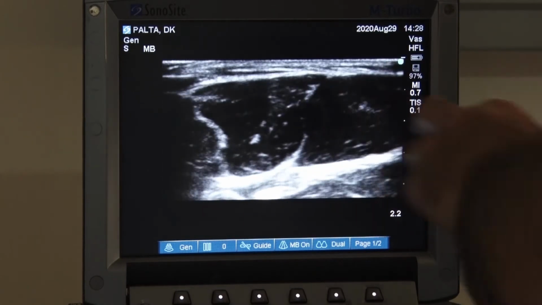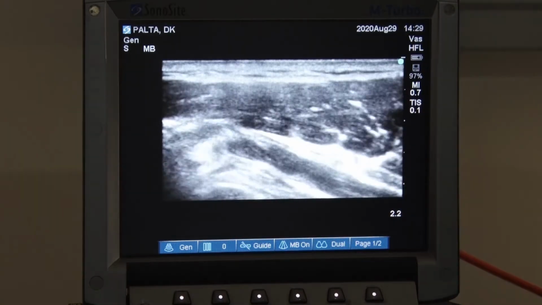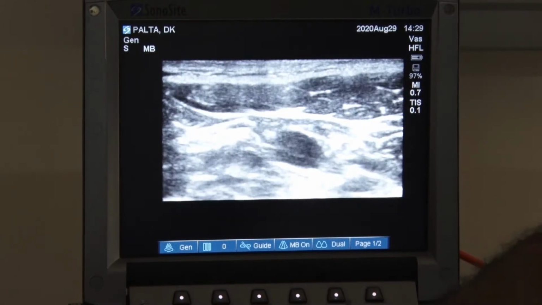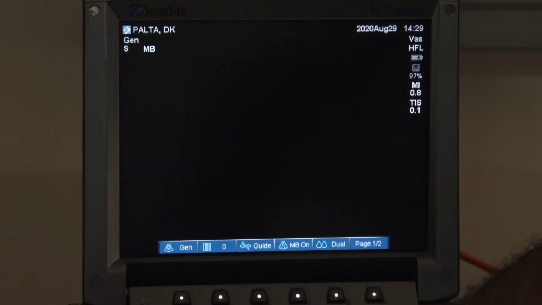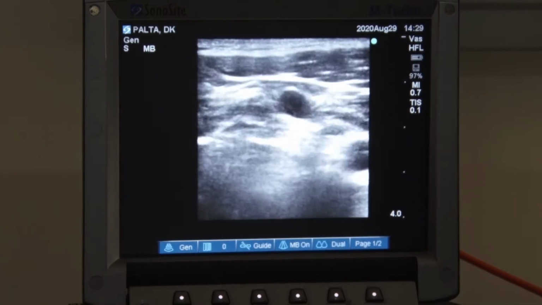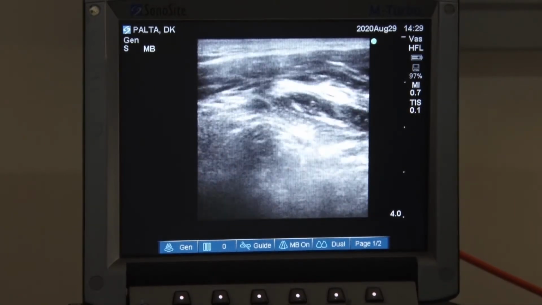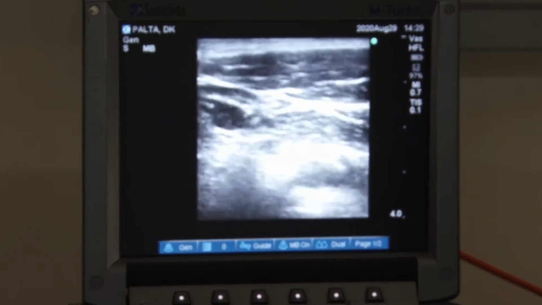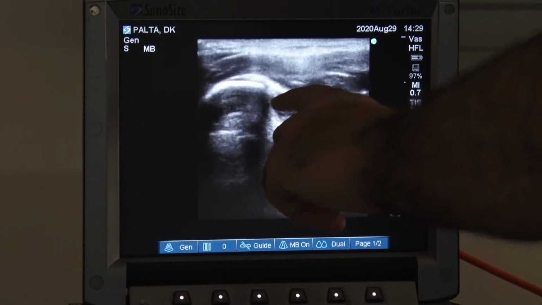You can see this is the vein in the deltopectoral clavipectoral fascia. I can see the vein. I'll make it deeper so that I can see the axillary vein also. So this is the cephalic vein.